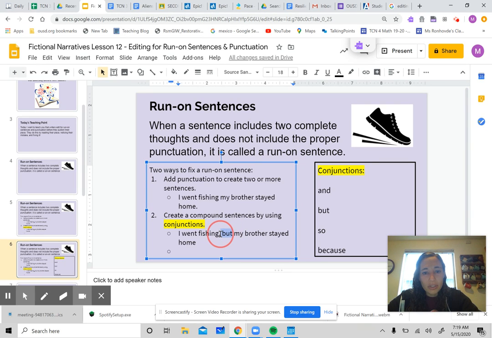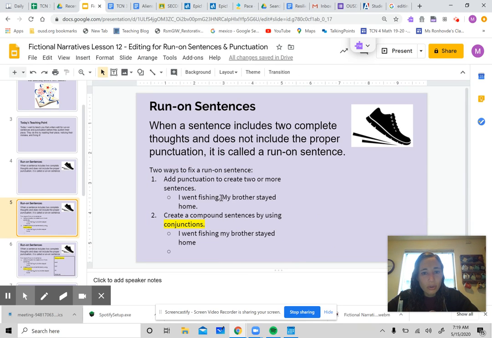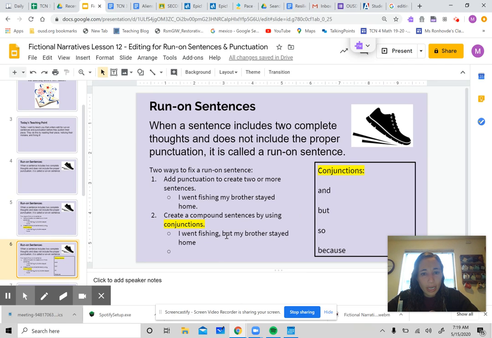I know it's a little confusing, but if I were to say this, and my brother stayed at home, I wouldn't need the comma, okay? So we put the comma before but. I went fishing, but my brother stayed home. Going back to the first one, we just added a period. Here, we added that comma and the but, the conjunction.